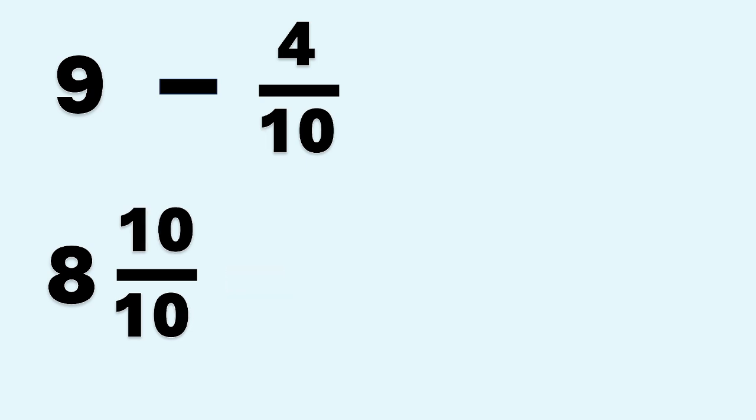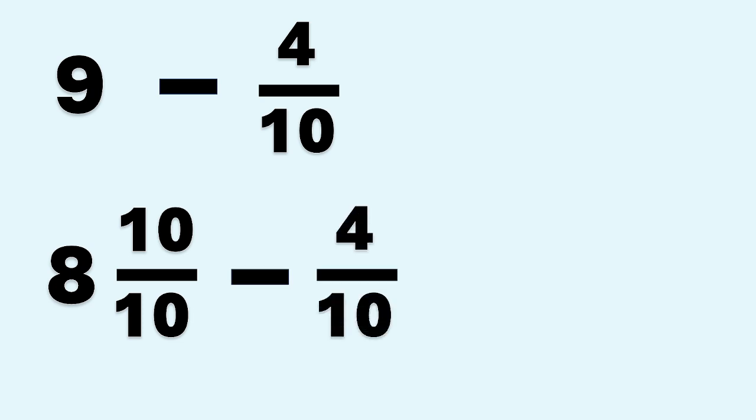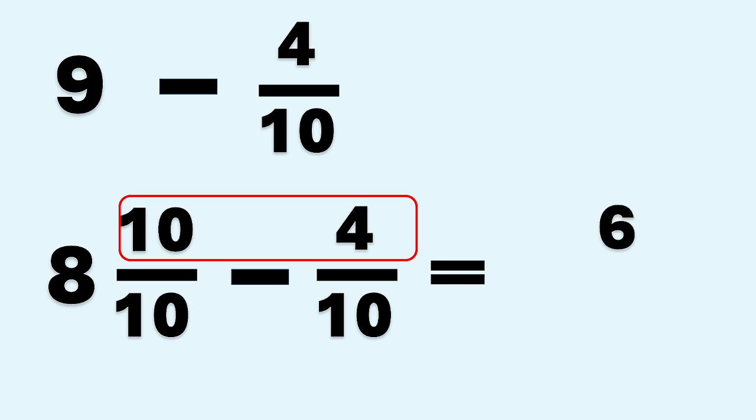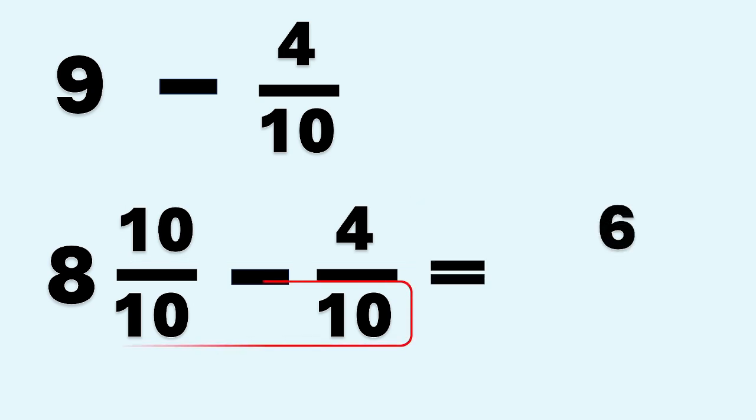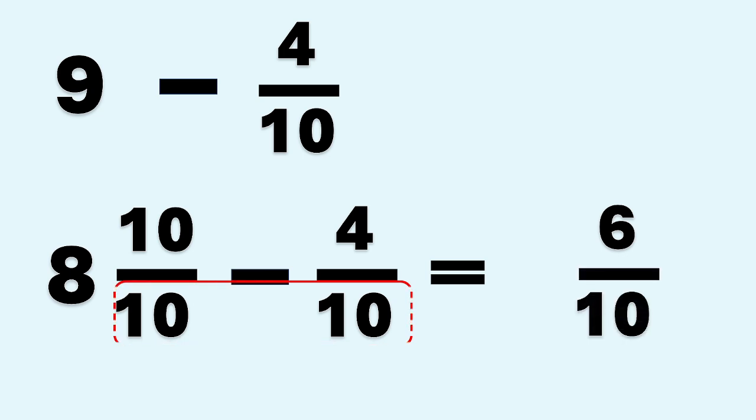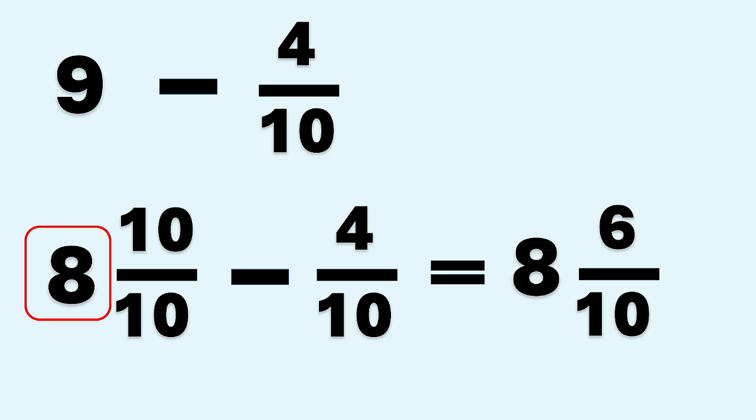Now we can subtract the numerator. 10 minus 4 equals 6. Copy the denominator 10 and copy the whole number 8. So we have here 8 and 6/10.